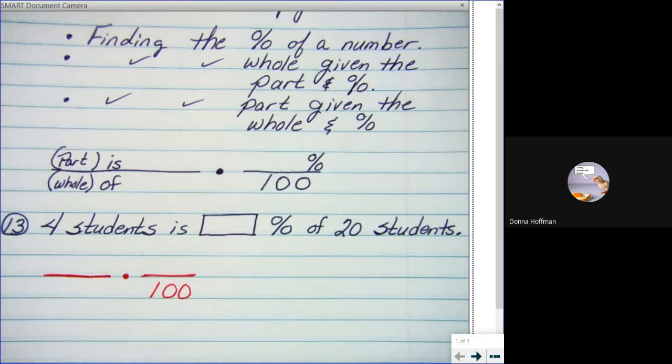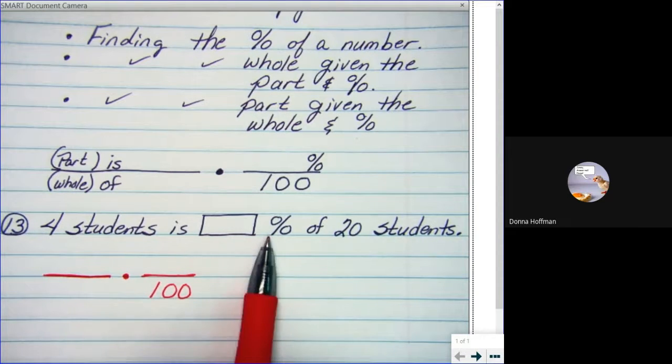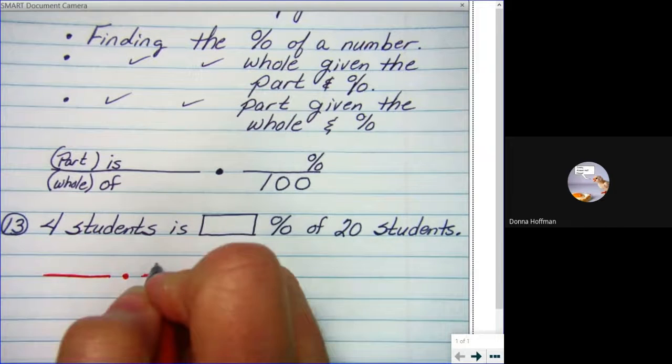Tell me either the box or the number for is or the number for of, or whatever it is that you can find from that statement right there. 4 students is blank percent of 20 students. Which one would you like me to plug and tell me where? The percent. What do I put there? If you want me to put the percent into my problem, I put the percent right there. And there is nothing. So what do I put there? The empty box, right?